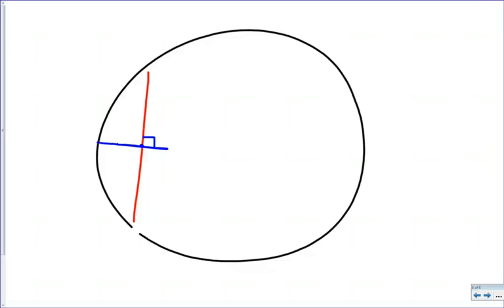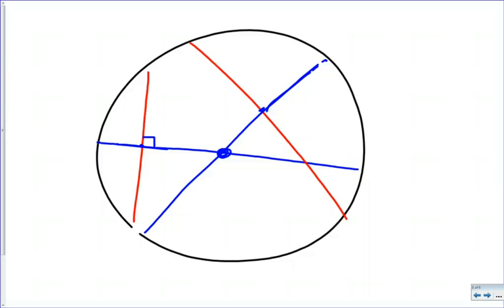Well, no matter what that line is then, I know it must somehow pass through the center. And that will apply to any chord I draw, right? So I could draw a chord like this. And then if I drew a bisector right in the middle, and it was at a 90 degree, it would pass through the center. That's the property of a perpendicular bisector as it applies to a chord.